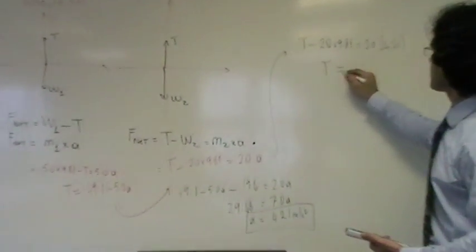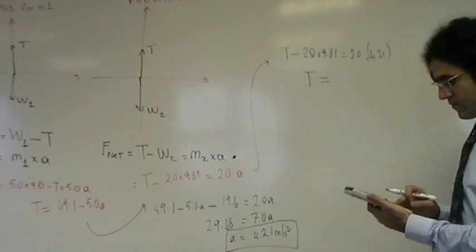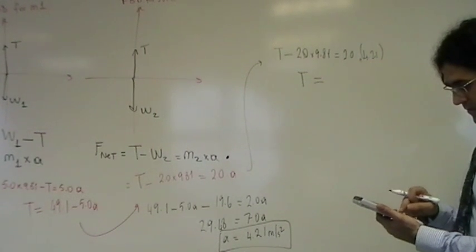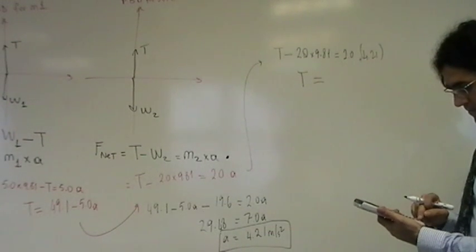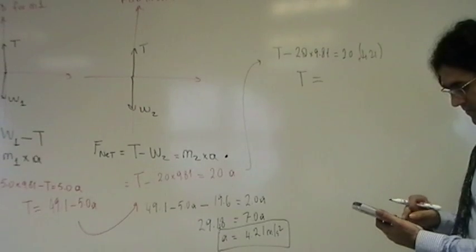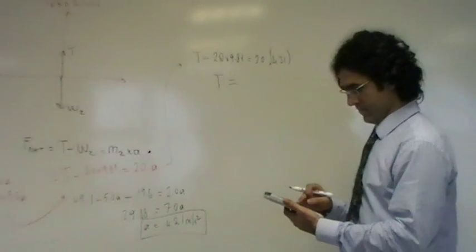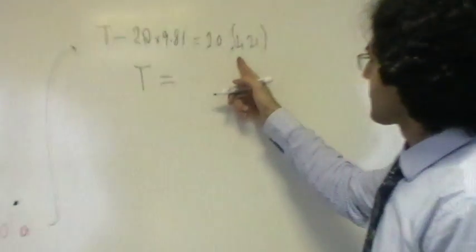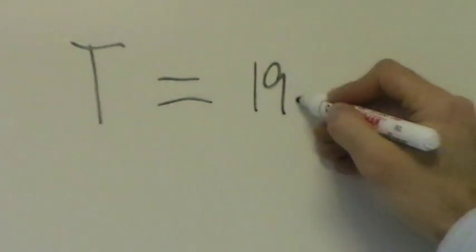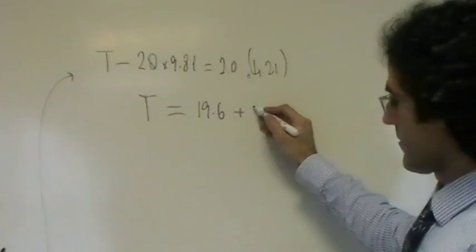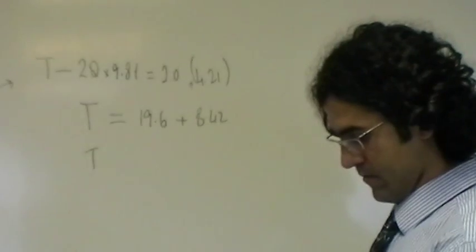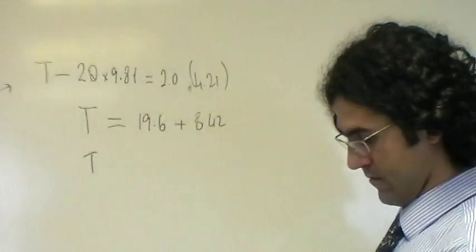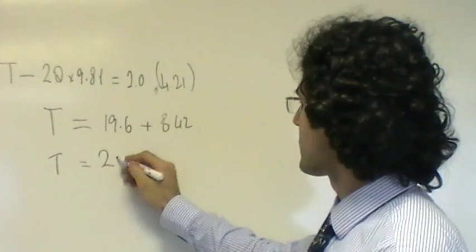If you solve this equation for T, you are going to get 19.6 plus 8.42, and it's 28.0.